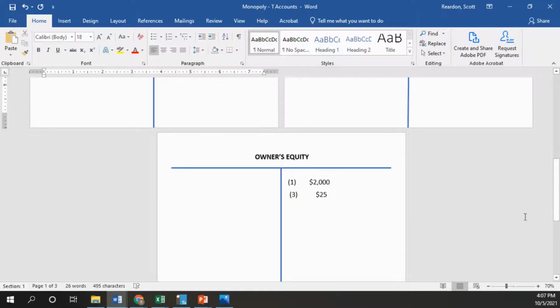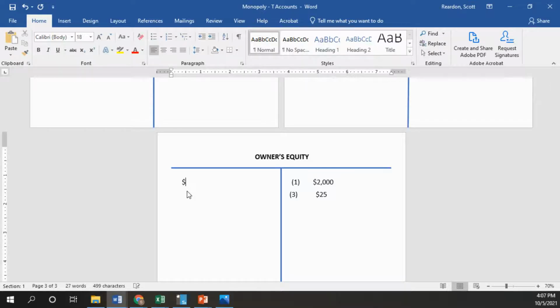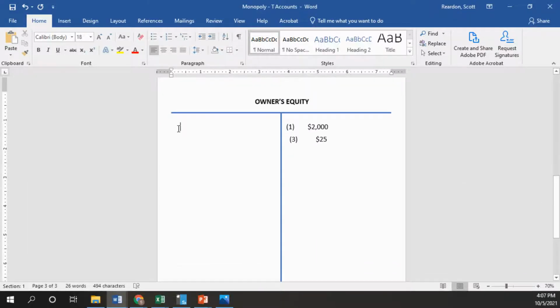Well, we would debit owner's equity. What transaction number was that? That was transaction number 5. $100 expense that decreases owner's equity.